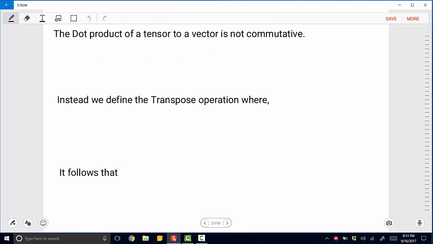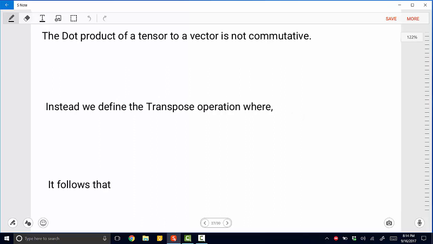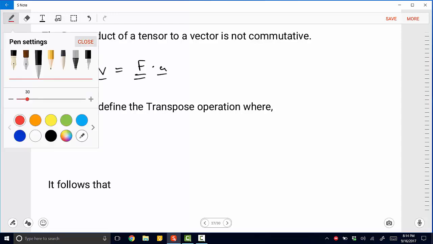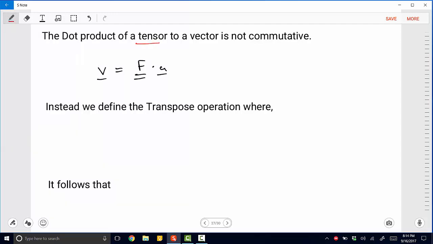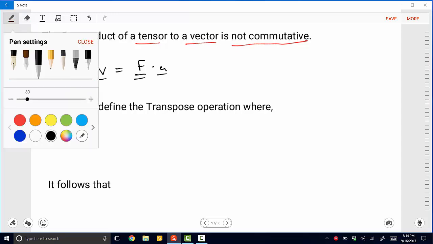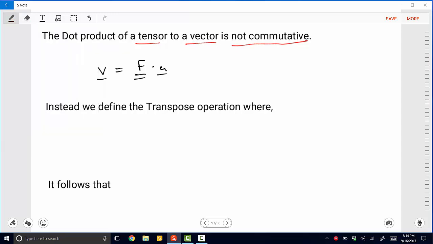Okay, well then what about if we wanted to perform the dot product of a tensor to a vector? So what we've been doing here, remember, is V equals F dot U. Well, what we'll find when we do the dot product of a tensor to a vector is that that operation is not commutative. So this operation cannot be easily switched, the order switched.